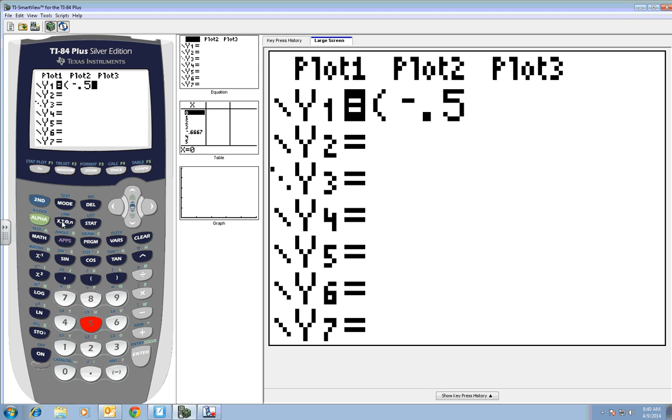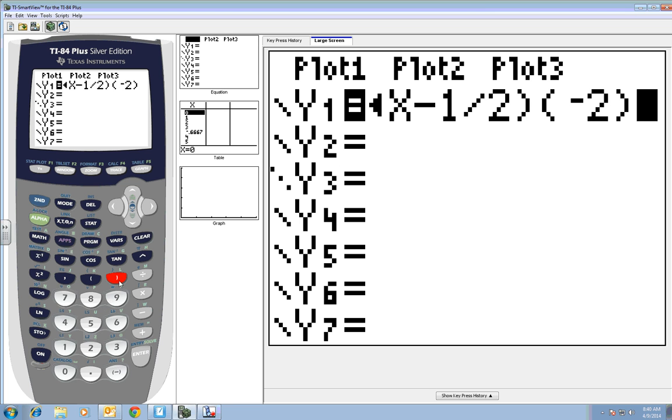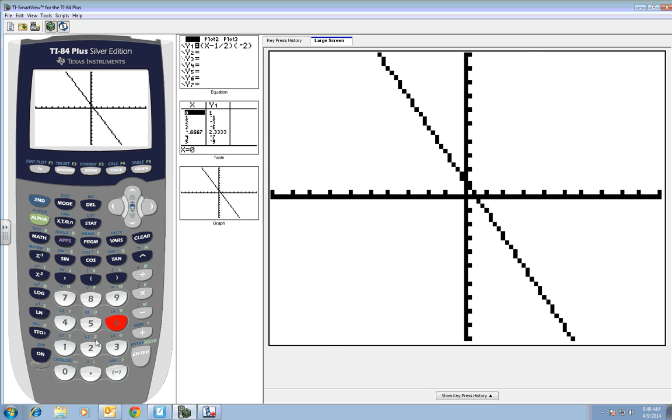X? Oh, wait. It was x minus 1/2 times -2. So if you put just that in your calculator and graph it, it will give you the line that you're looking for. Okay? Any questions about that one?